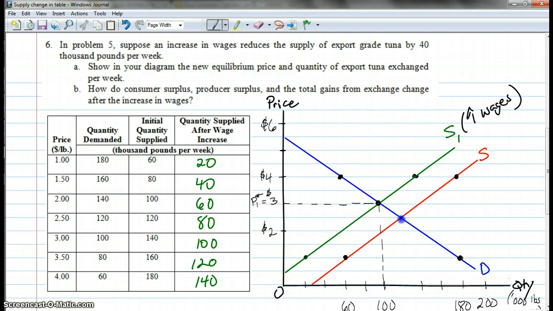In the old situation, I was here with 120,000 units exchanged at a price of $2.50. Call that P star 0 equals 2.50.